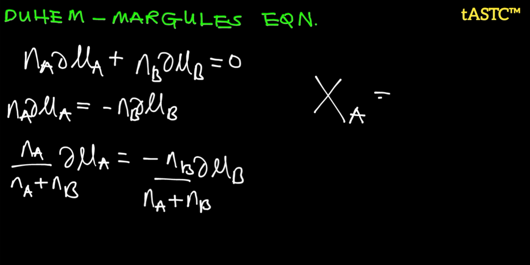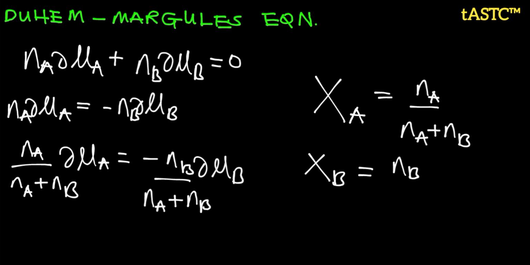So X sub A stands for N sub A divided by N sub A plus N sub B. This is the mole fraction of the first component within that container. We can also have another: N sub B divided by N sub A plus N sub B, which is the mole fraction of the second.